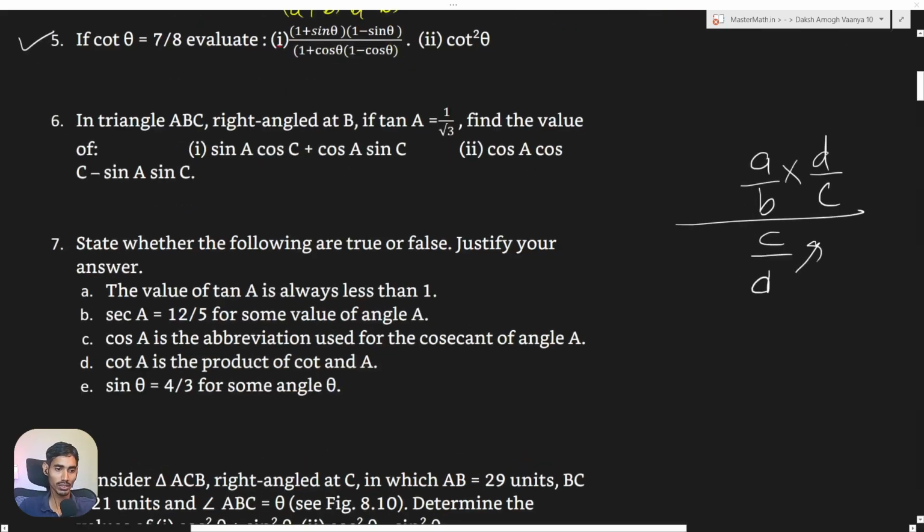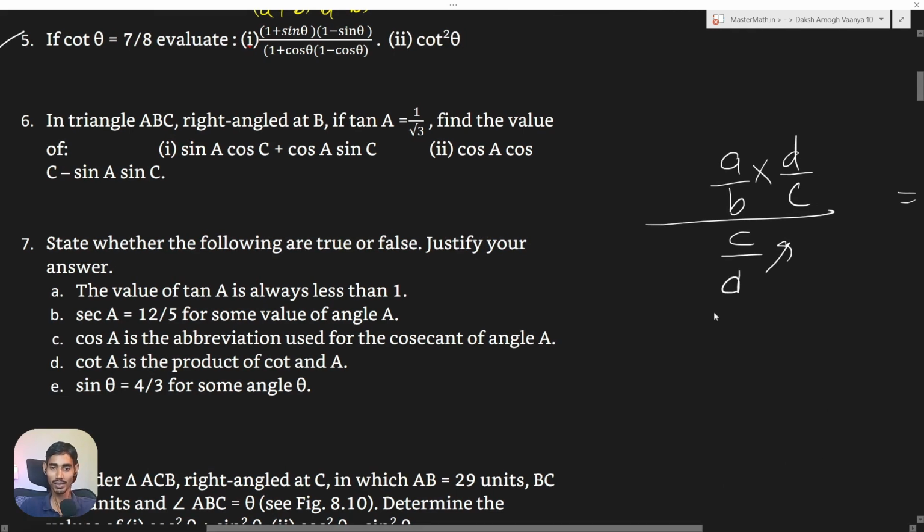Before going to this seventh question, let me discuss one or two small things which you should know but might not relate right now. When we have a numerator by denominator less than 1, what does that mean? The numerator value is less than the denominator. And when it is greater than 1, that means the numerator is greater than the denominator.